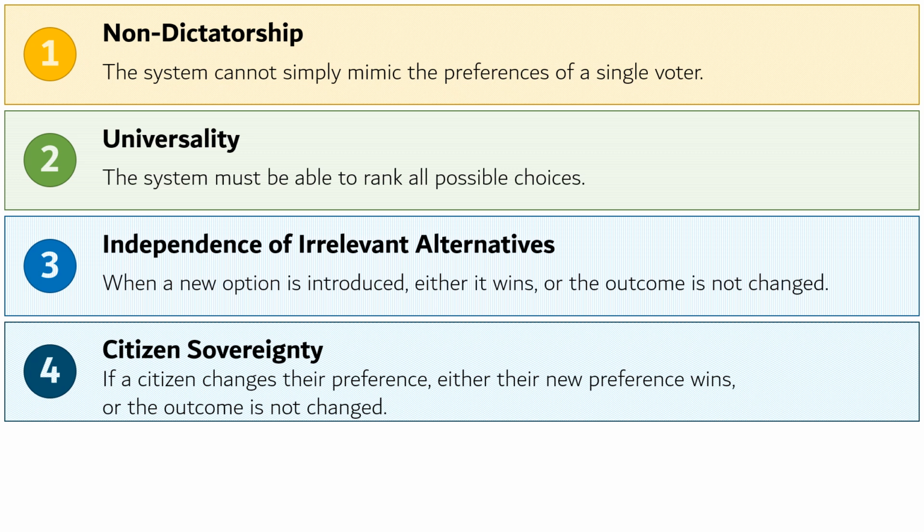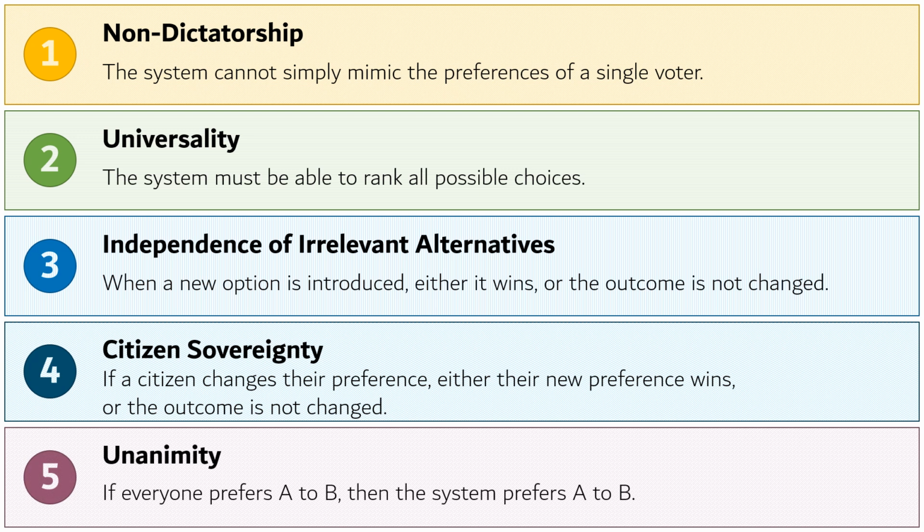And so we re-vote, and chocolate now wins. That one person's preference about chocolate didn't change, but the outcome somehow switched to chocolate. When someone switches and ranks strawberry over vanilla, either strawberry should now win or the outcome should not change.